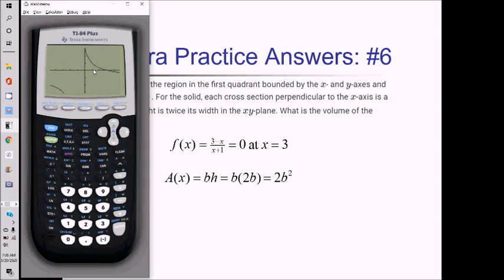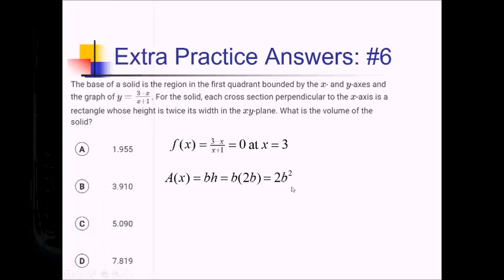So the base of the rectangles, the value of that at each x value, is just going to be this (3 minus x) over (x plus 1) function. So I'm going to write in here then, and since this is f of x, I actually called this f of x so I wouldn't have to rewrite it. This is just going to be 2 times f of x squared. So let me integrate that now from 0 to 3 of A of x dx.